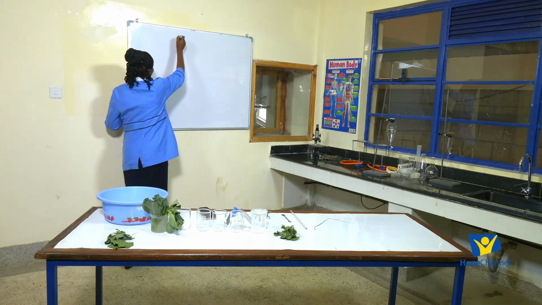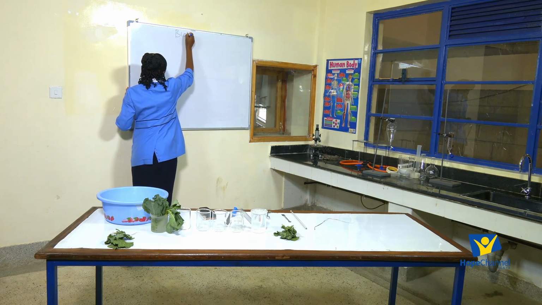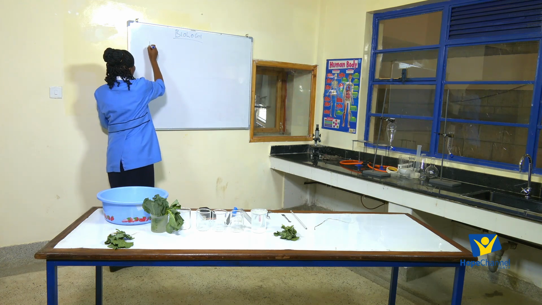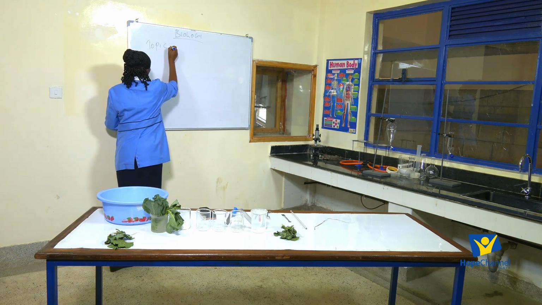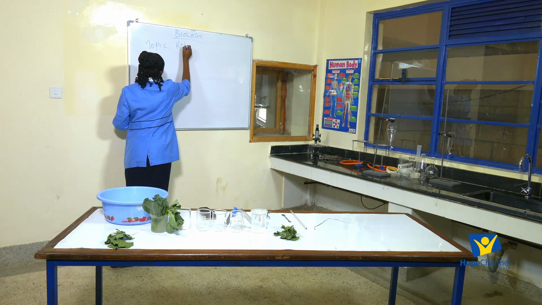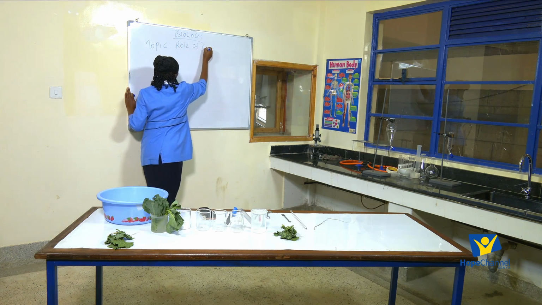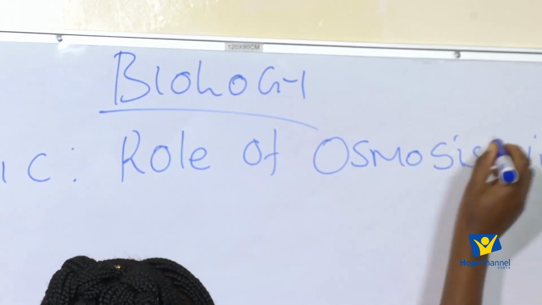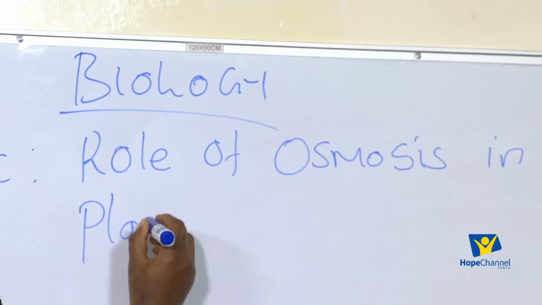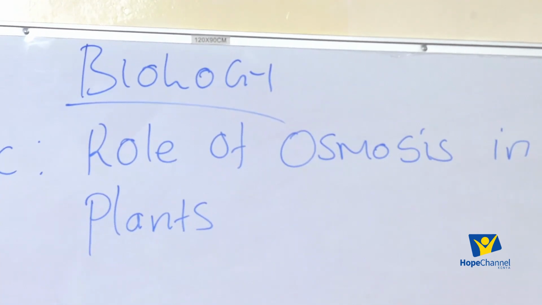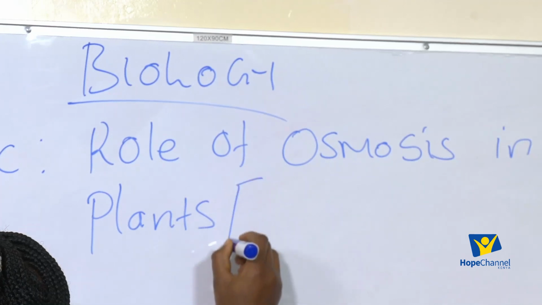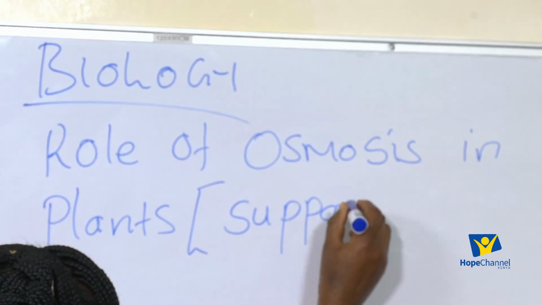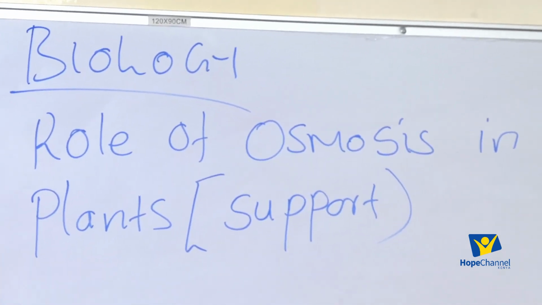So, in our lesson today, we are going to learn biology, and our topic for today is the role of osmosis in plants. What is the role of osmosis in plants? And particularly, what is the role of osmosis in relation to support in plants?